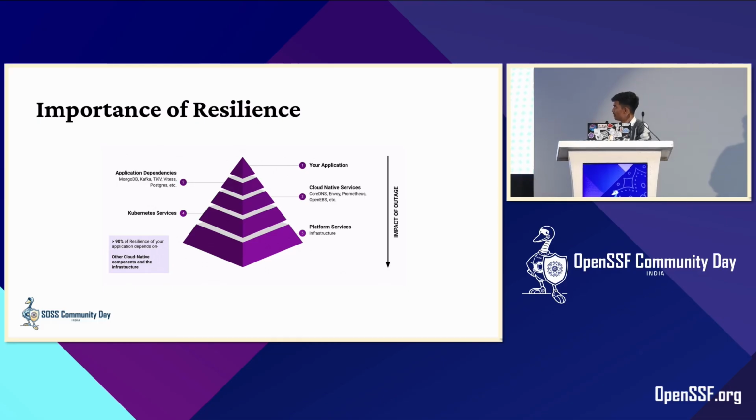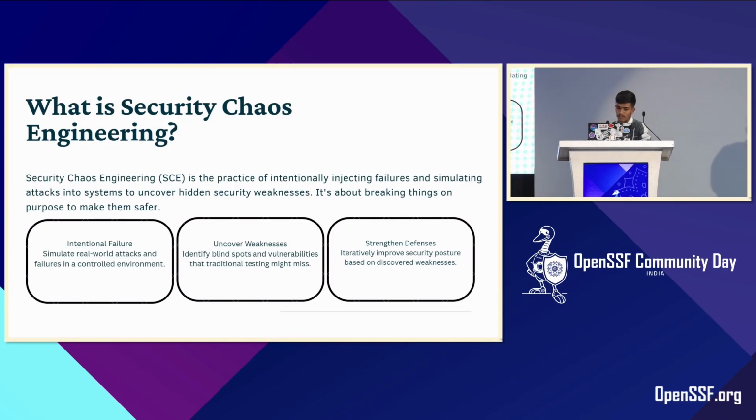If I have to explain chaos engineering in my own terms, it is the process of continuously verifying that your service is working well against faults.